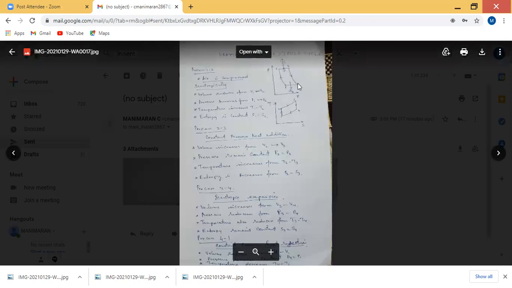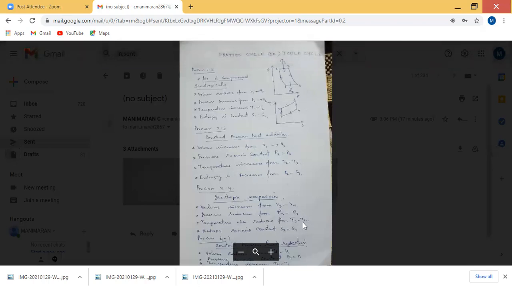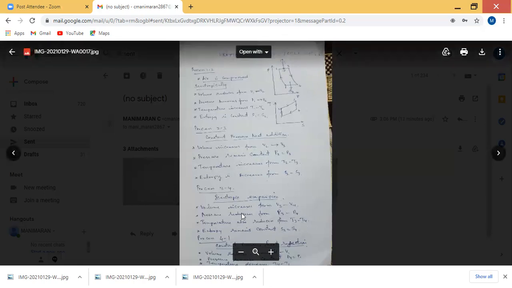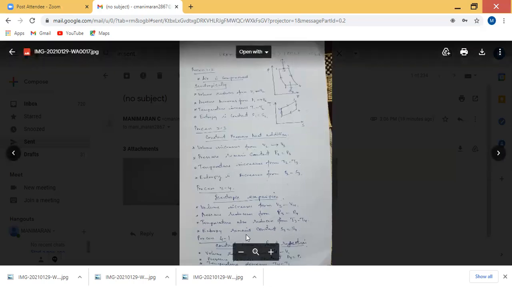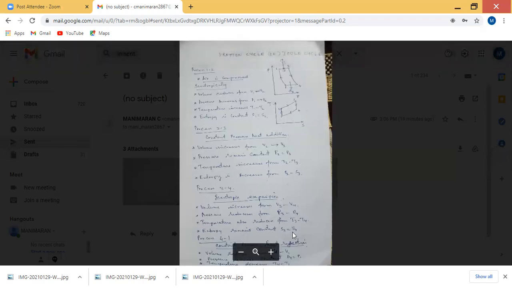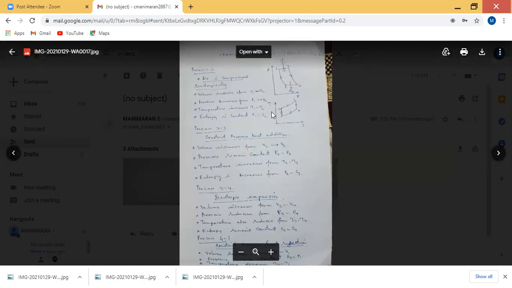As the pressure reduces, the temperature also reduces, as temperature and pressure are directly proportional to each other. So the temperature reduces from T3 to T4, right? Entropy remains constant, that is S3 is equal to S4, as it expands isentropically.